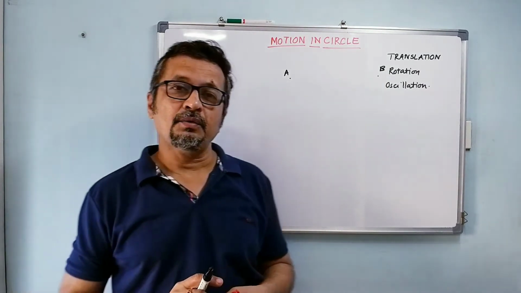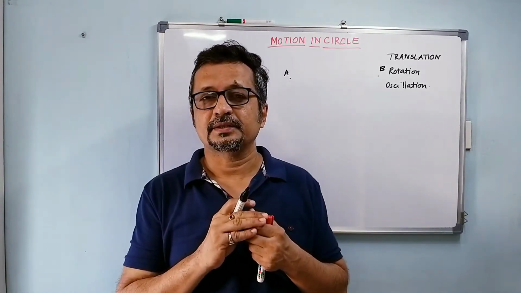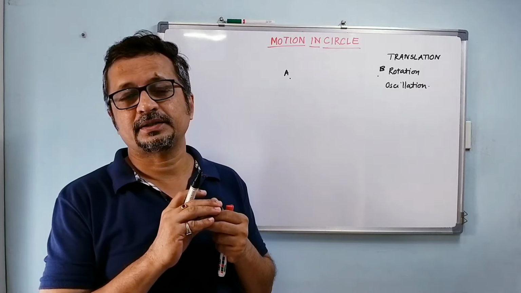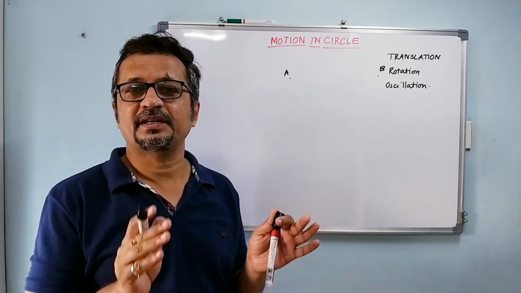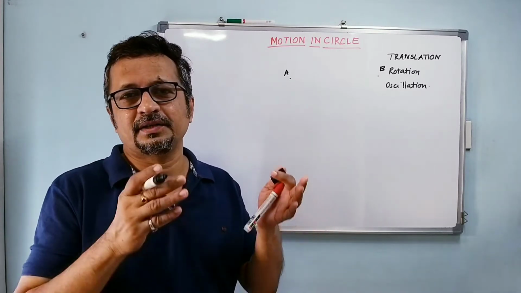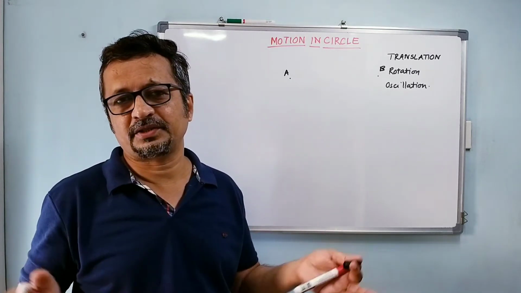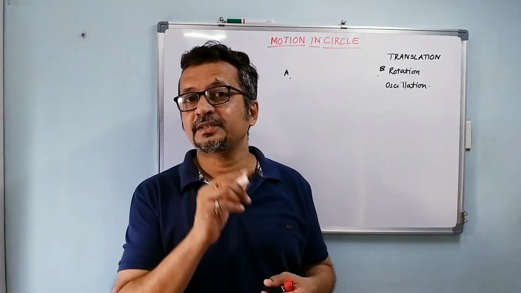Correct? Now when I consider the tip of the blade of a fan, the fan as a whole, it is not moving anywhere. It is right there, right? 5 minutes back it was there, and now it is there, and after, let us say, another 1 hour, it is going to remain there. But we say it is moving.